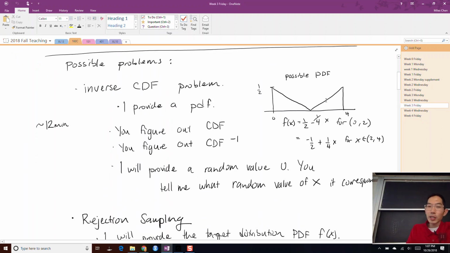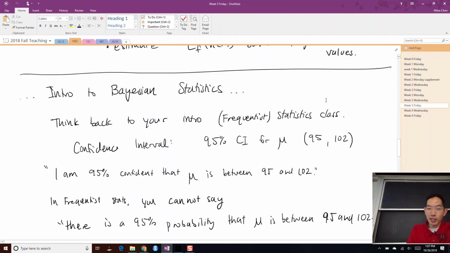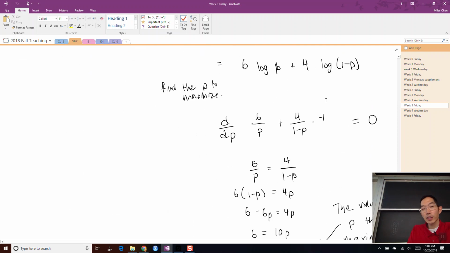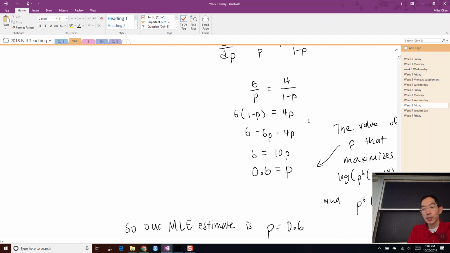1 week ago, I contrasted Bayesian thinking with classical statistics, frequentist thinking, okay? In frequentist, you just take the data that you get, you form a maximum likelihood estimate, and you go with that, okay?